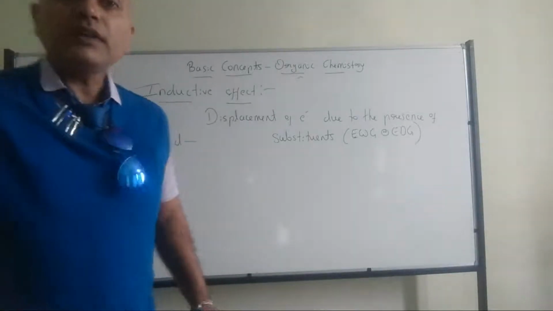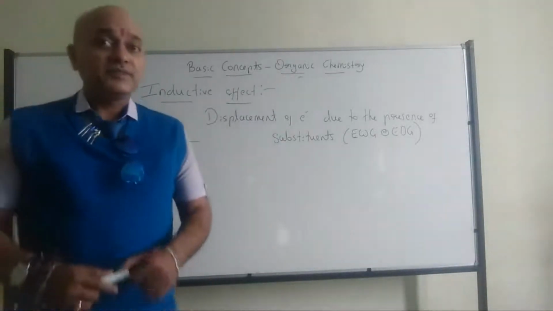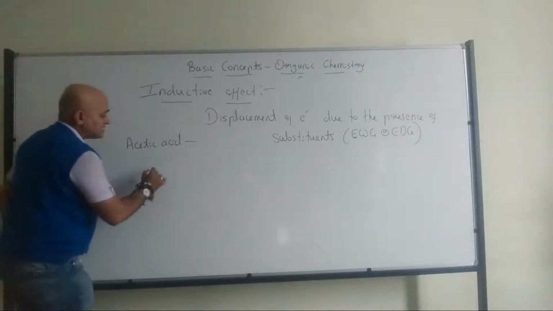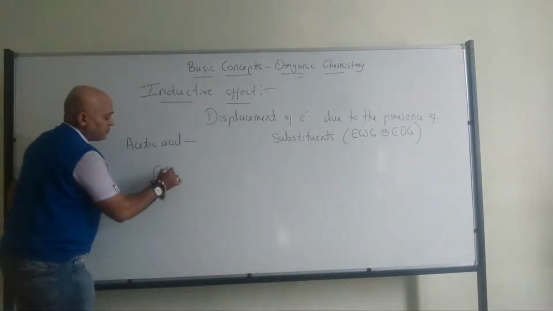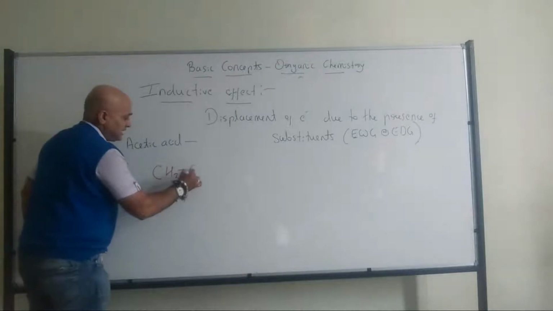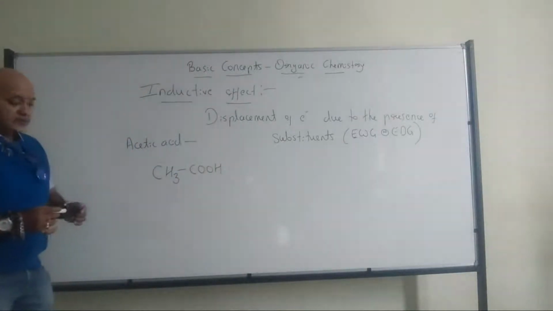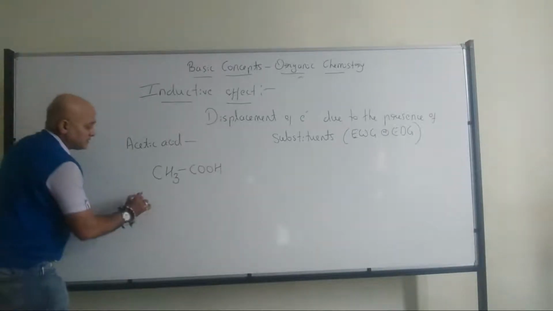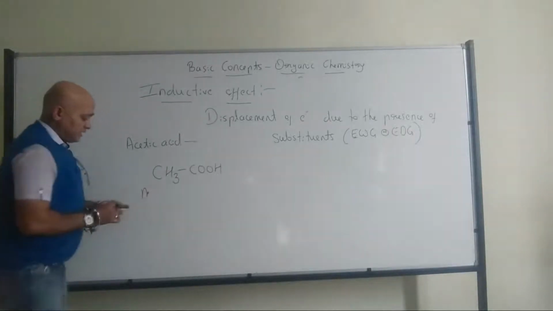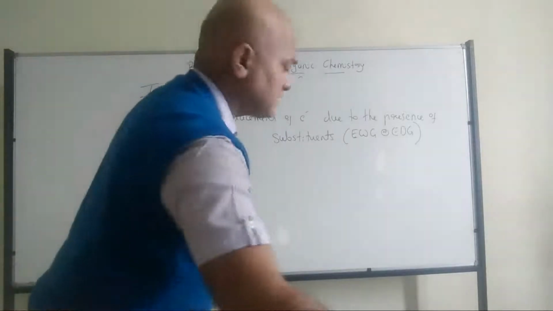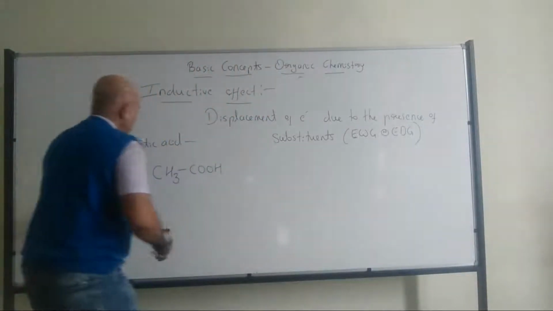So now when I'm talking about acetic acid, the formula here is CH3COOH, which is also called ethanoic acid.